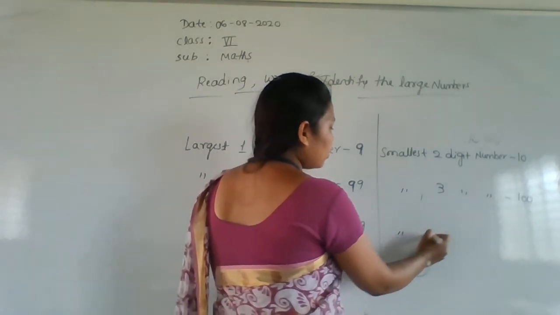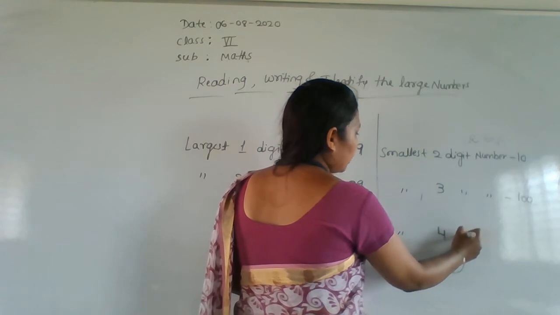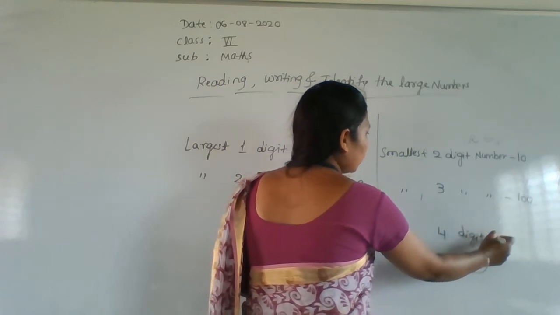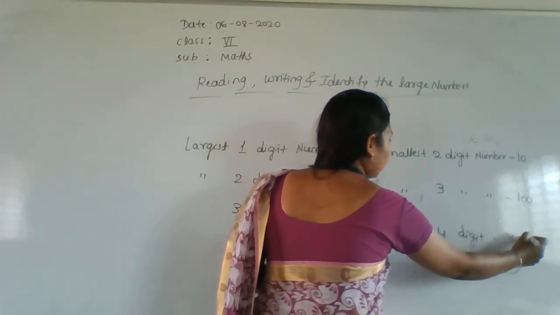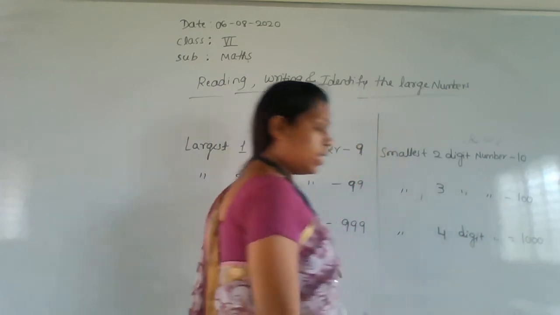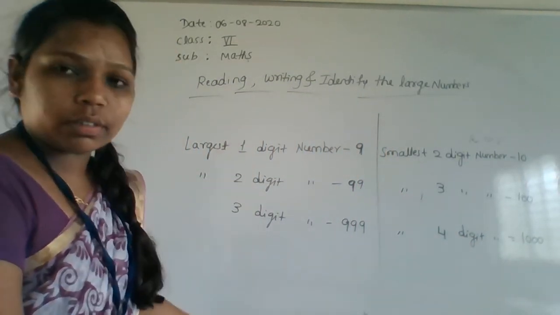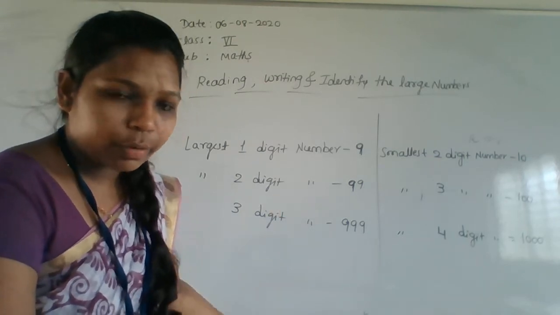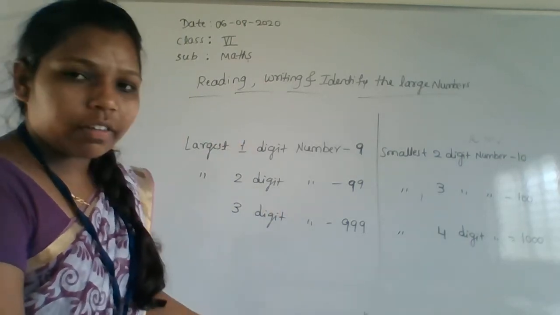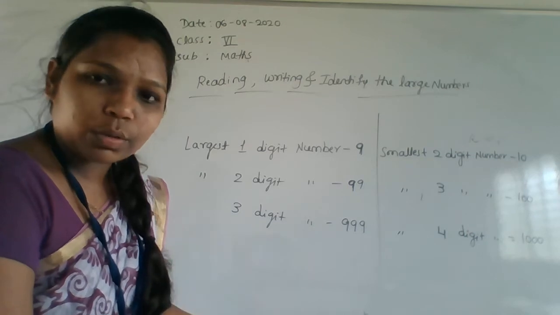And the smallest 4 digit number, what is the smallest 4 digit number? 1000. So 1000 is the smallest 4 digit number. Like that you have to do. Okay, and so on. You can continue up to how much you want.